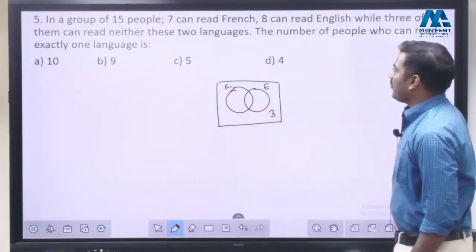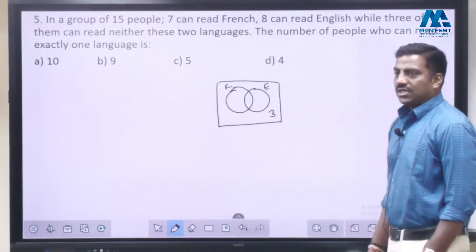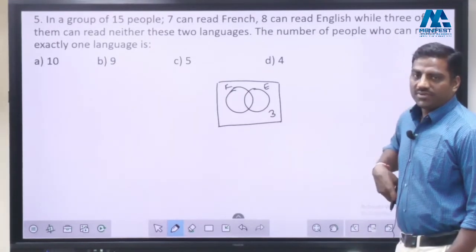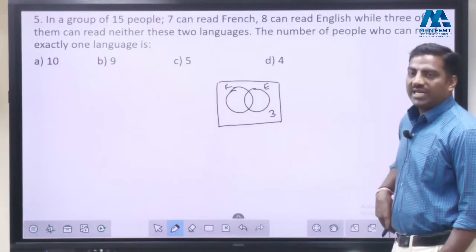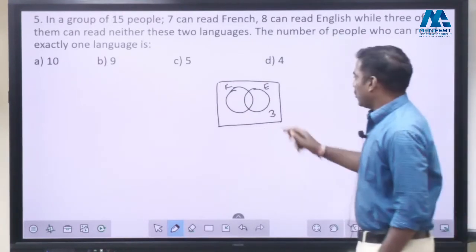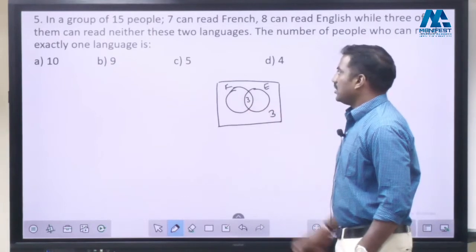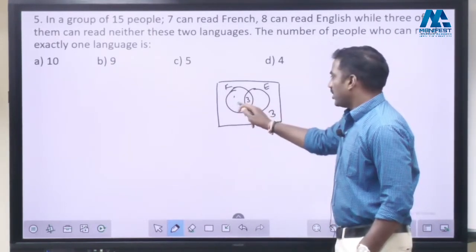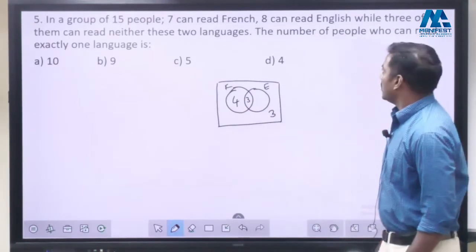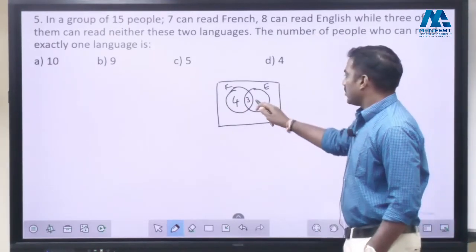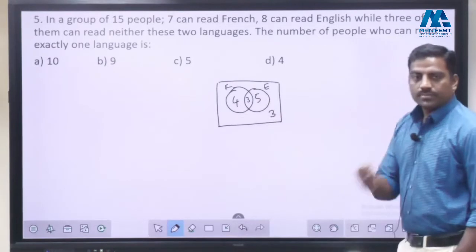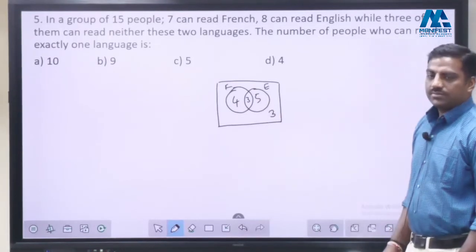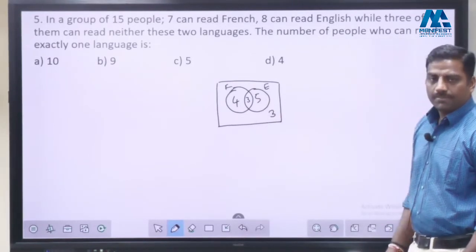But if you take the French readers and English readers, totally how many are there? 15. So we are counting how many extra? 3 extra. So put them here first. Now, exclusively French, 7 minus 3, 4. Exclusively English, 8 minus 3, 5. Totally 15?